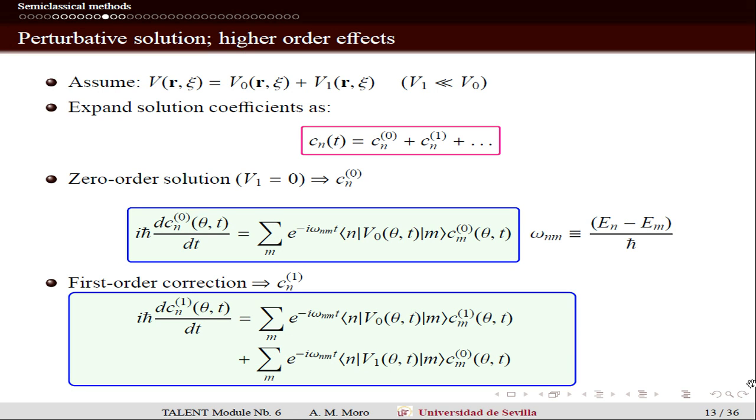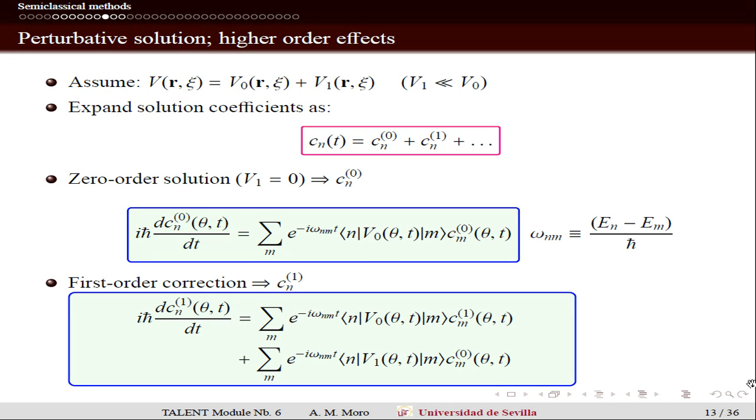So imagine, for example, that you have a multipole expansion of the potential. So you will have the dipole, the quadrupole, octupole. So you can separate this in different pieces, and maybe the dipole part will be the dominant one, and you want to treat this part correctly, meaning solving the coupled equations to all orders, but the remaining part, these high order terms, might be treated by perturbation theory.